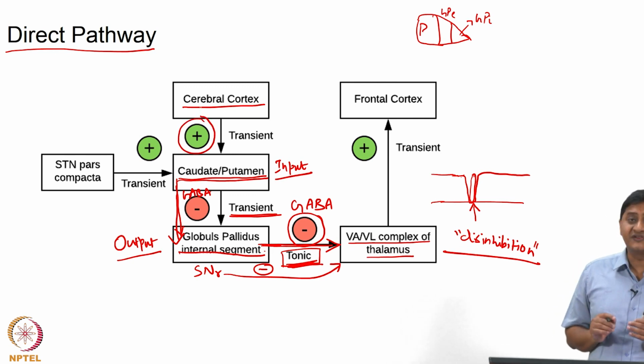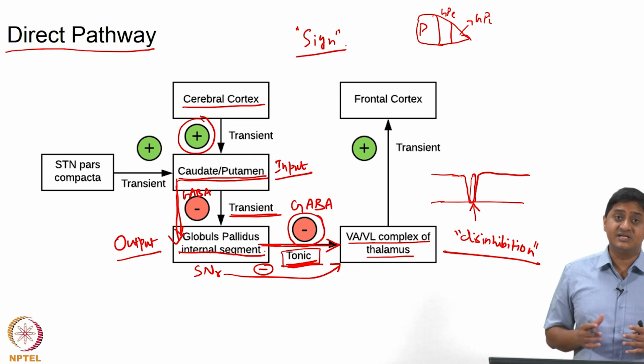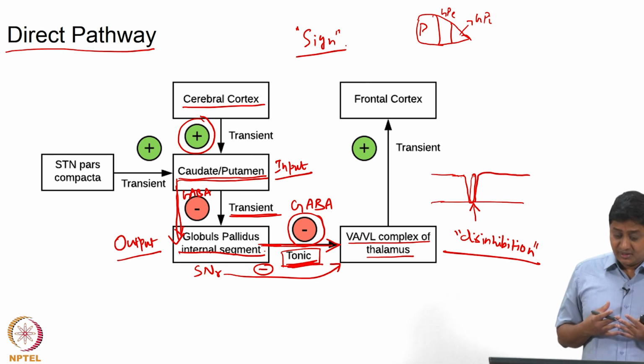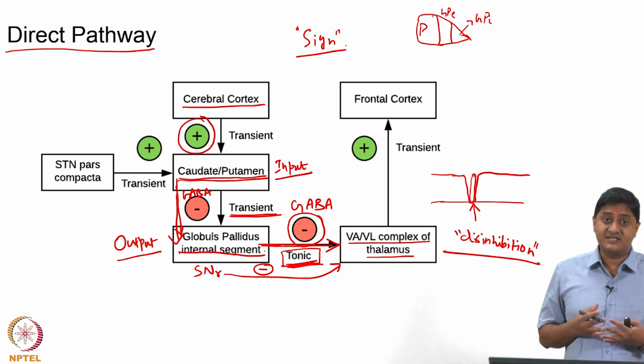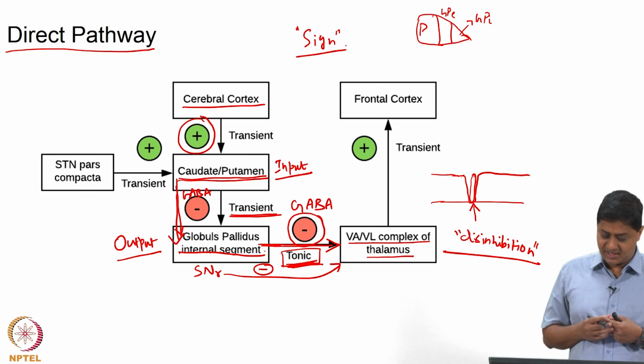Very important to note the signs here. Sign means SIGN, whether a connection is excitatory or inhibitory. The cerebral cortex sends excitatory or glutamatergic inputs to the striatum.